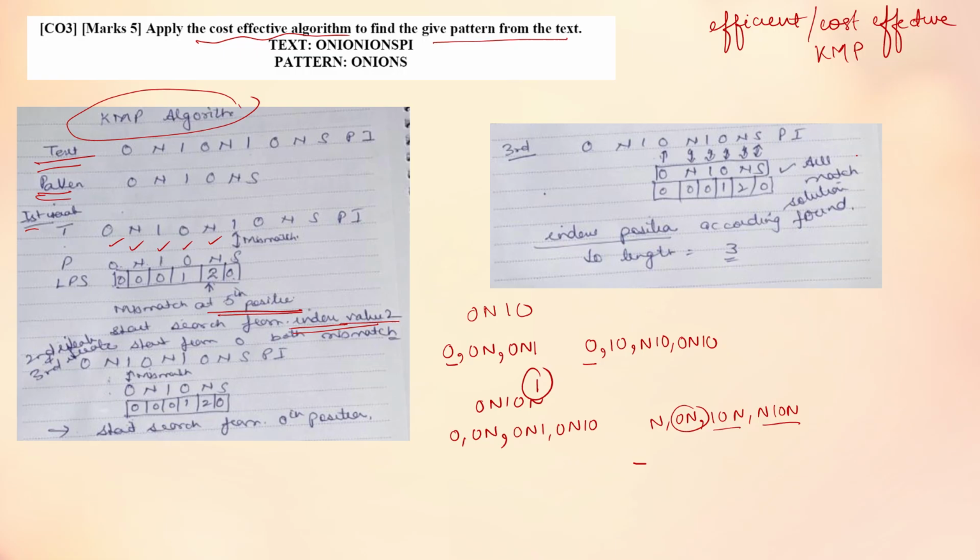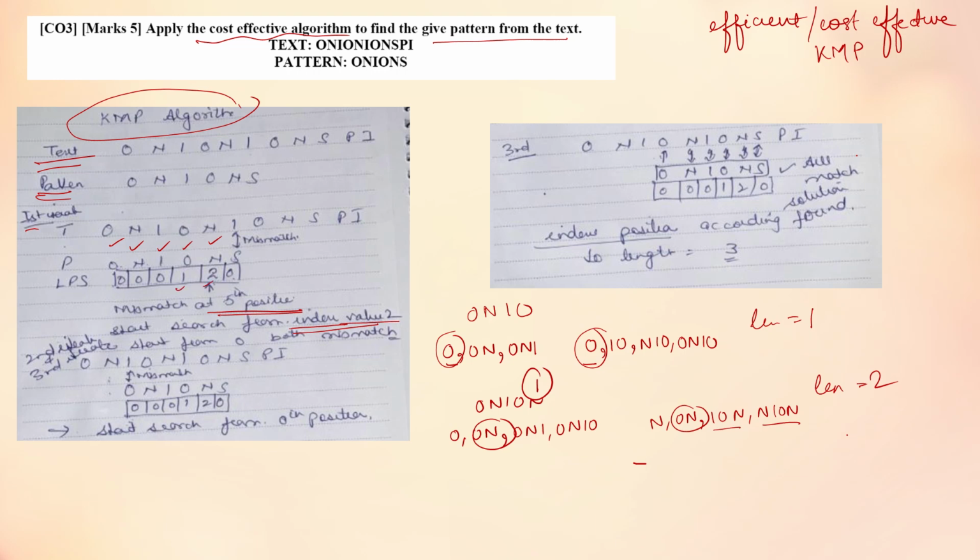O, N is matching. So here your value will be 2. I hope you have understood the concept. Here, the string we got in the proper prefix and suffix had a length of 1. Here it has a length of 2. That's why we get 1 and 2.